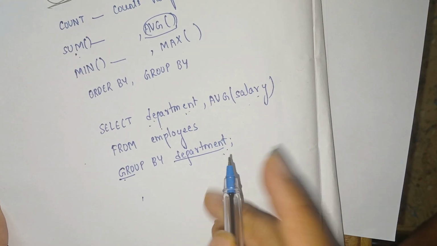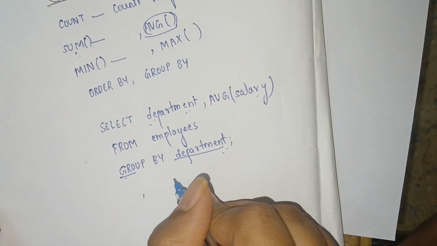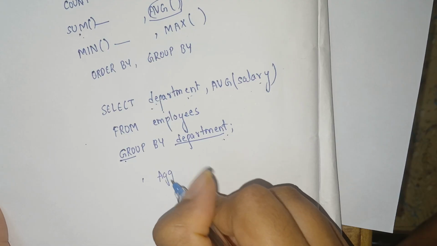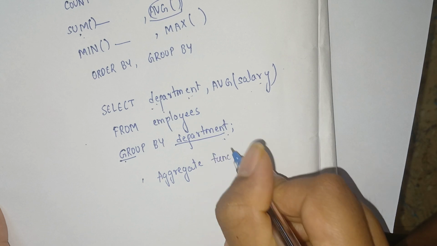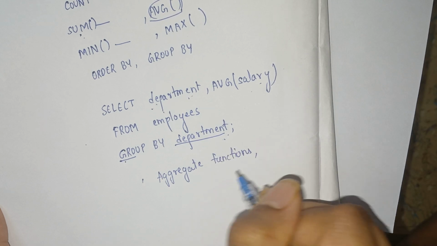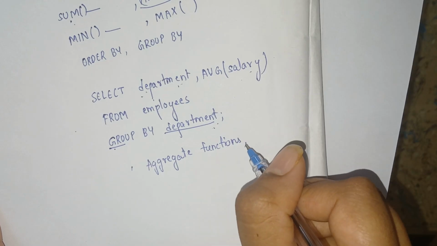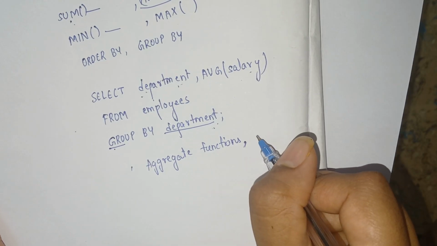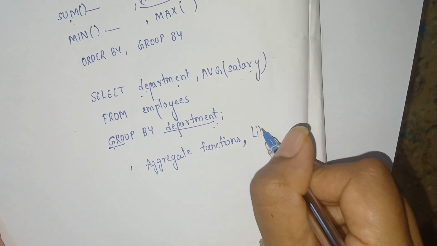I just want you to revise two concepts to make it more clear in SQL. Revise what aggregate functions are. However, these aggregate functions I'm going to teach you in the upcoming classes. But for now, if you are really interested, you can refer to aggregate functions, and you can also refer to the LIKE operator.